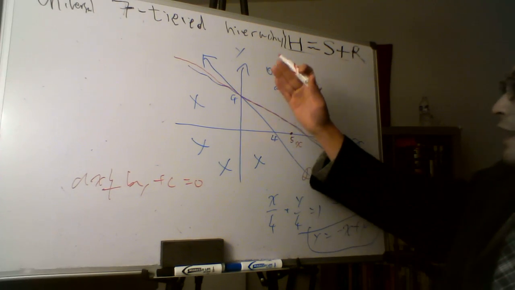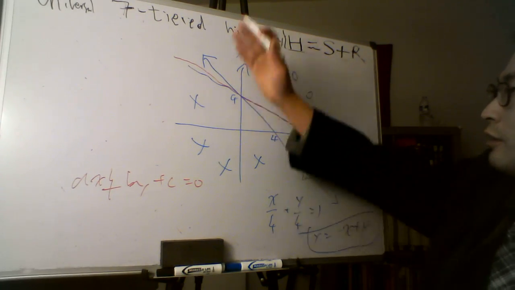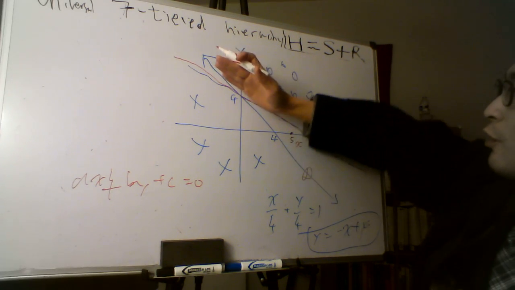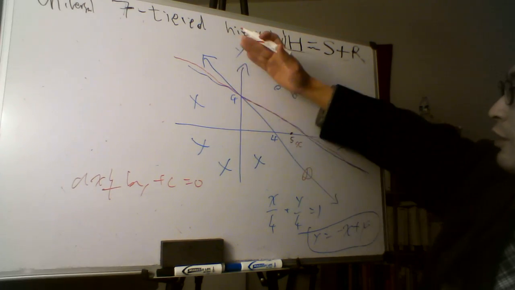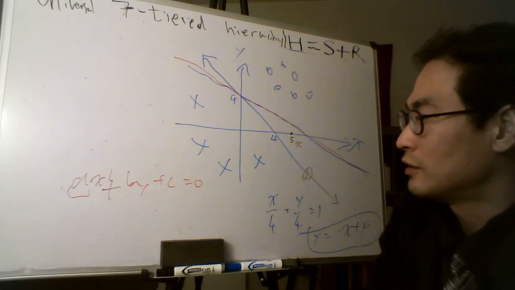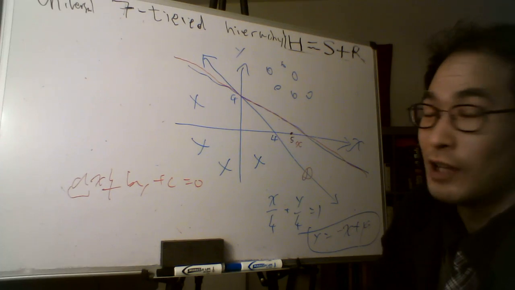Now, we are making x bigger by shifting this line toward the positive horizontal axis. We are making x bigger. Then should a, this coefficient for x, go up or down?